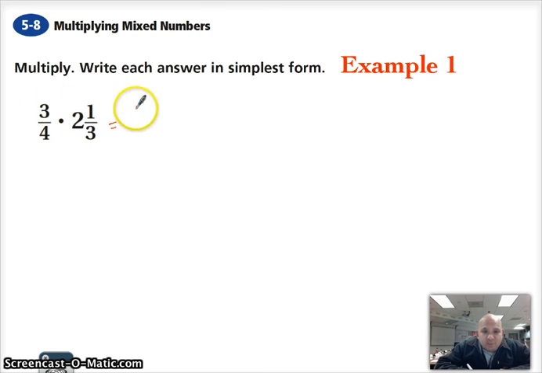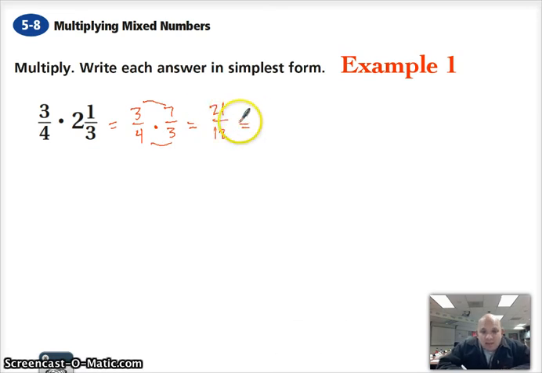So we have 3/4 times 3 times 2 is 6 plus 1 is 7/3. Okay, now we've got two fractions. One's a proper, one's an improper. Doesn't matter. Now we can multiply numerator times numerator, denominator times denominator. It's 21/12.